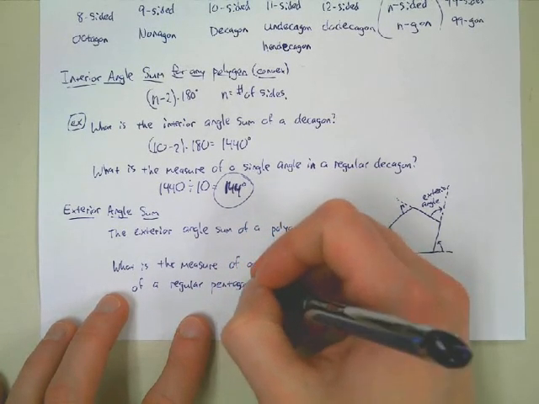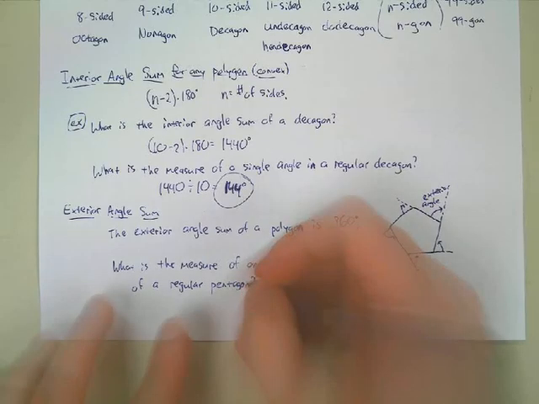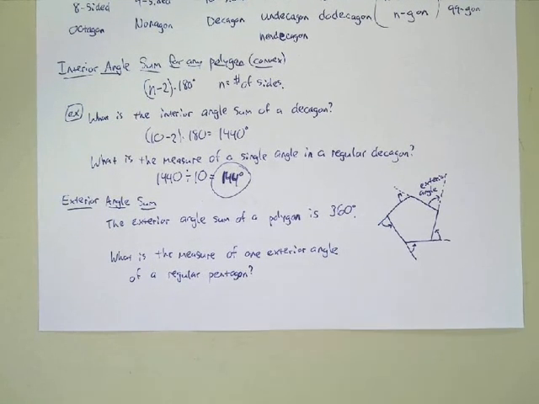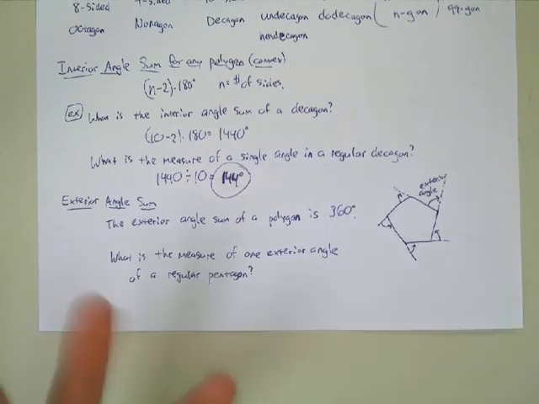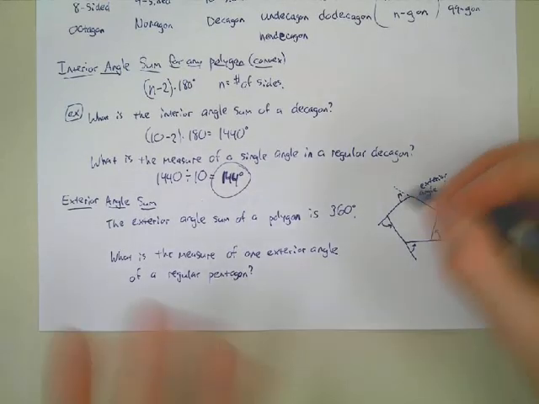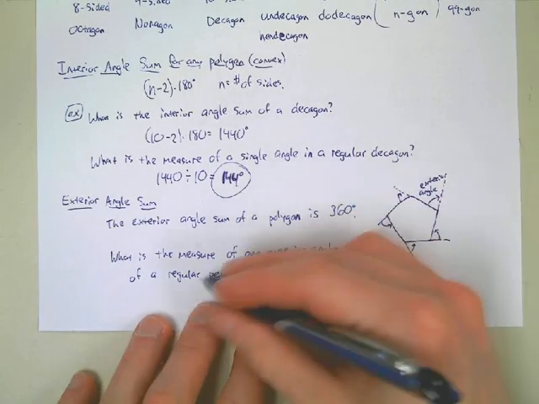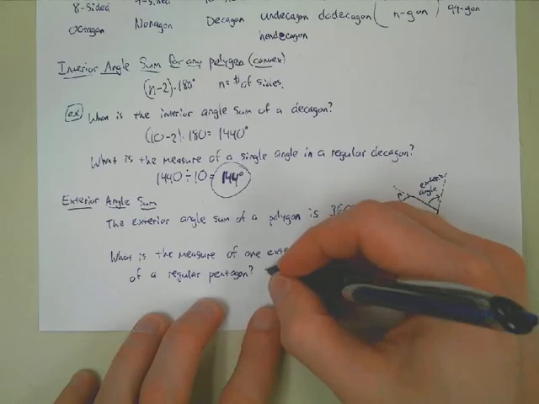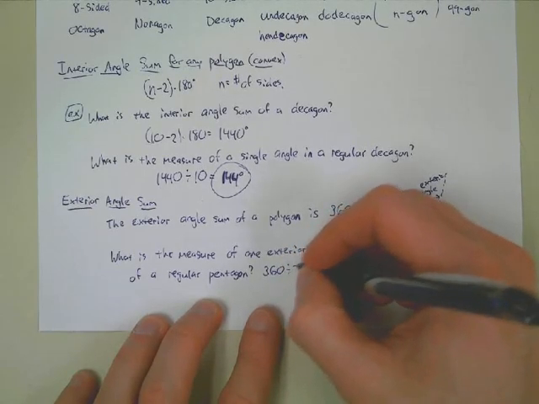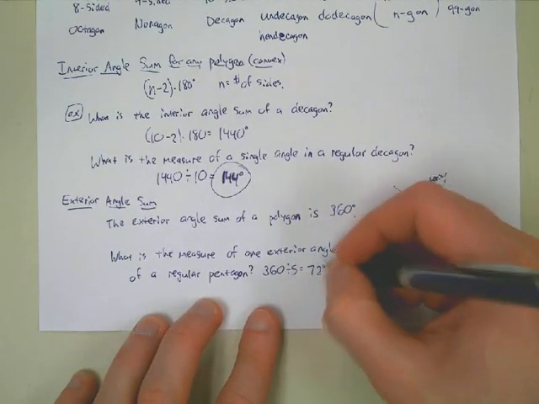How do we find the measure of one? 72 degrees. How'd you get that? Well, 360 divided by 5. That's right. Those 5 exterior angles all add up to 360, and if it's regular, that means all the exterior angles will be congruent as well. So it's just 360 divided by 5, and it's 72 degrees. So each one of these should be 72 degrees if it's regular, just drawn, right? Okay.